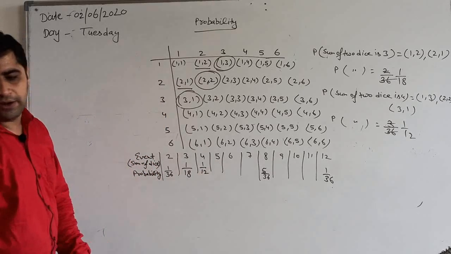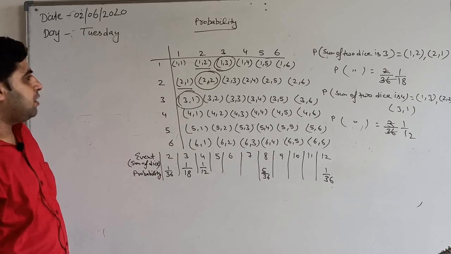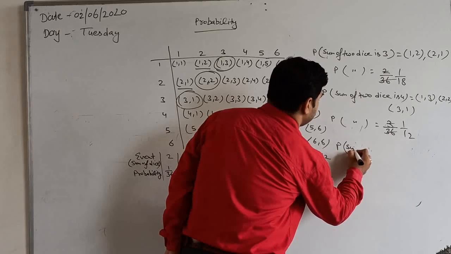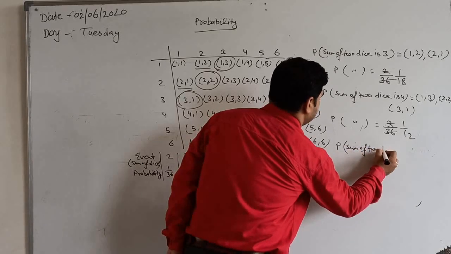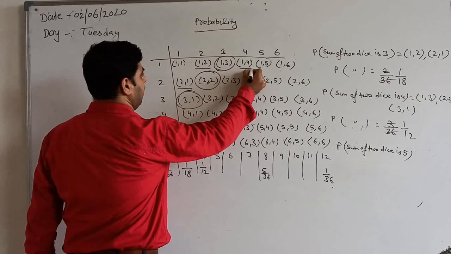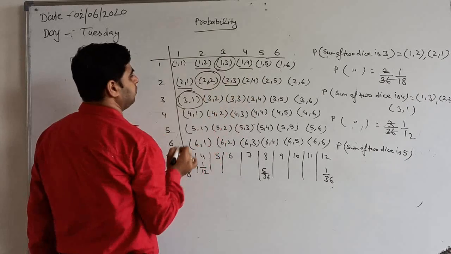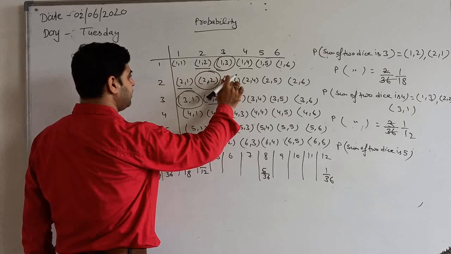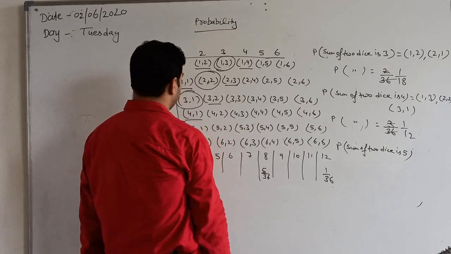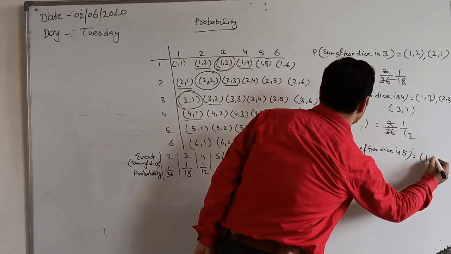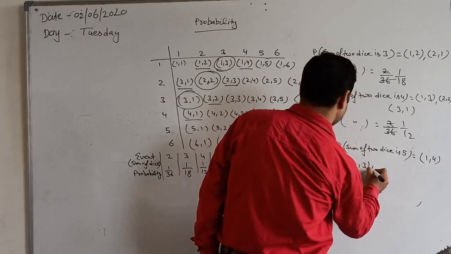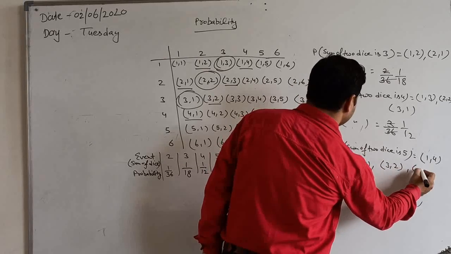Let's complete the table. Then 5. How many times will 5 come out? Probability that the sum of two dice is 5. Here 1,4; 2,3; 3,2; and 4,1.